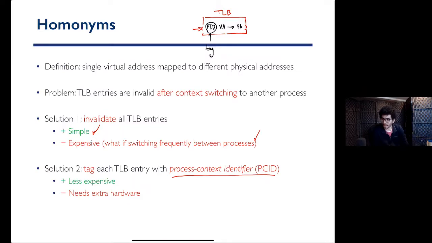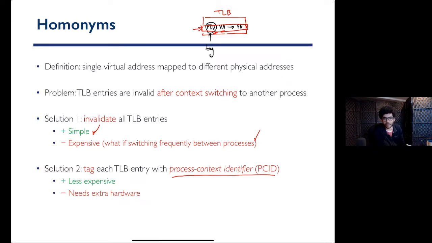So if I do that, then when I context switch, I don't need to flush anything because my new process has a different process identification, and it's going to tag its translations with that. So when I find the same virtual address, it has a different process ID, so this entry cannot be used for this new process.